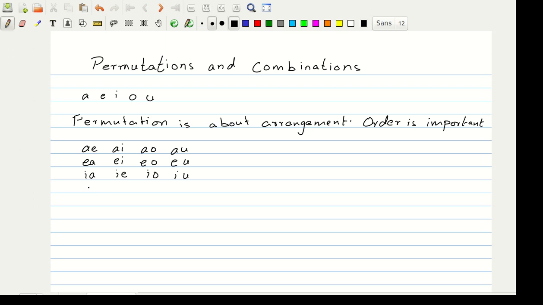Could also have OA, OE, OI and OU, and last row would be UA, UE, UI and UO. So you can see that there are a total of 20 different arrangements.